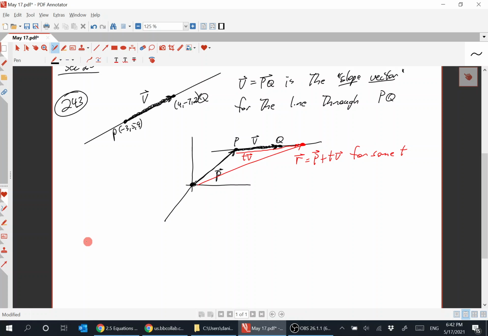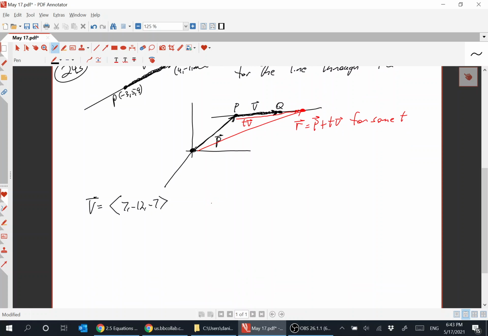So in this case, V is equal to head minus tail. That is 4 plus 3 is 7, minus 7 minus 5 is minus 12, and 2 minus 9 is minus 7. And therefore, we'll write R is equal to X, Y, Z, so we'll write out the vectors explicitly.